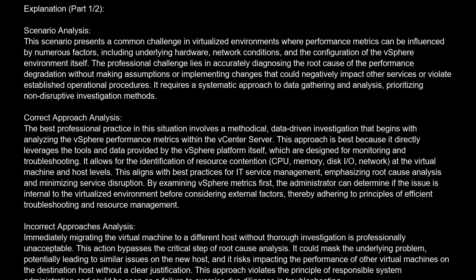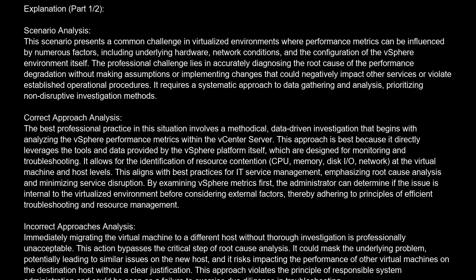Correct approach analysis. The best professional practice in this situation involves a methodical, data-driven investigation that begins with analyzing the vSphere performance metrics within the vCenter Server. This approach is best because it directly leverages the tools and data provided by the vSphere platform itself, which are designed for monitoring and troubleshooting.